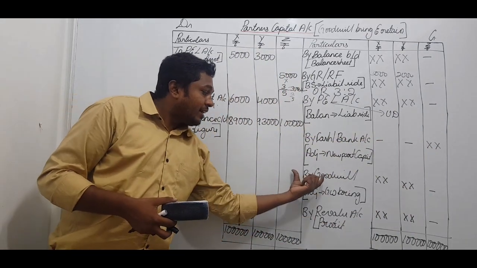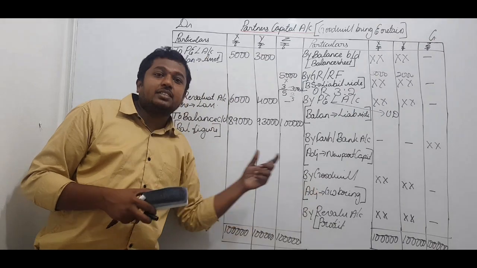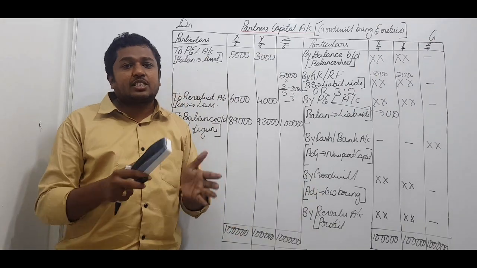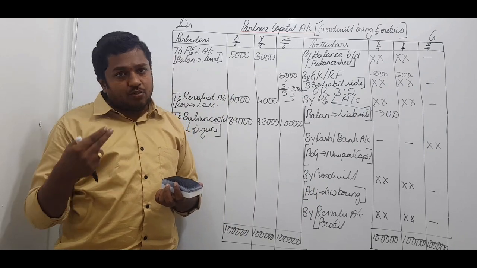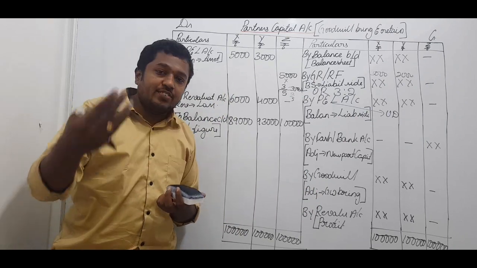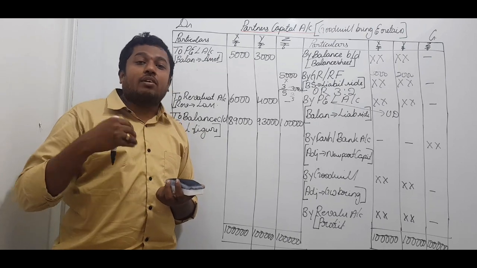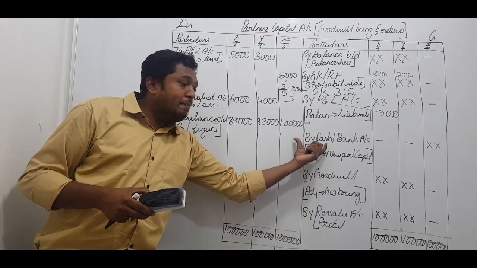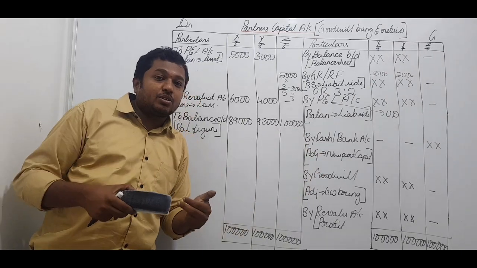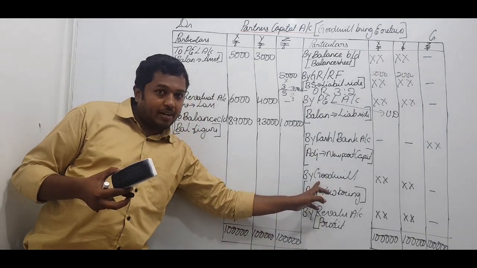Next, goodwill. Goodwill is also given in adjustments. But here you have to understand what is the meaning of goodwill. In future classes, I will explain the meaning of goodwill, types of goodwill, and so on. But here, the new partner, while coming into the business, must bring capital along with the goodwill.